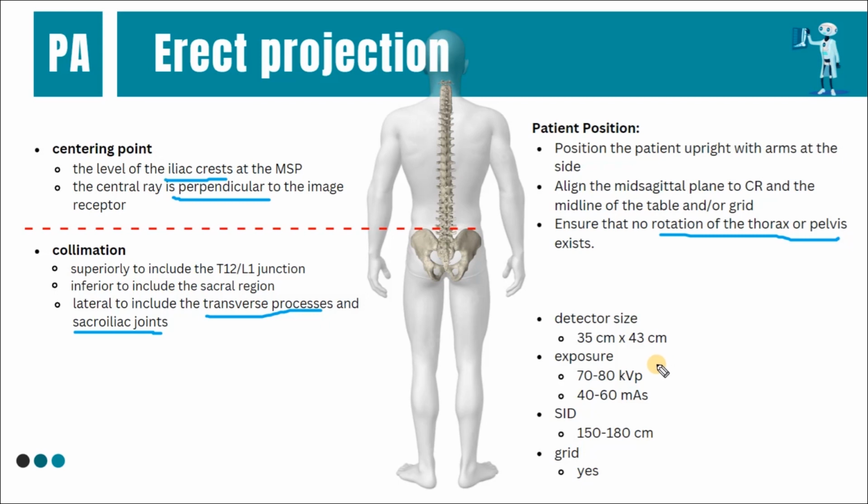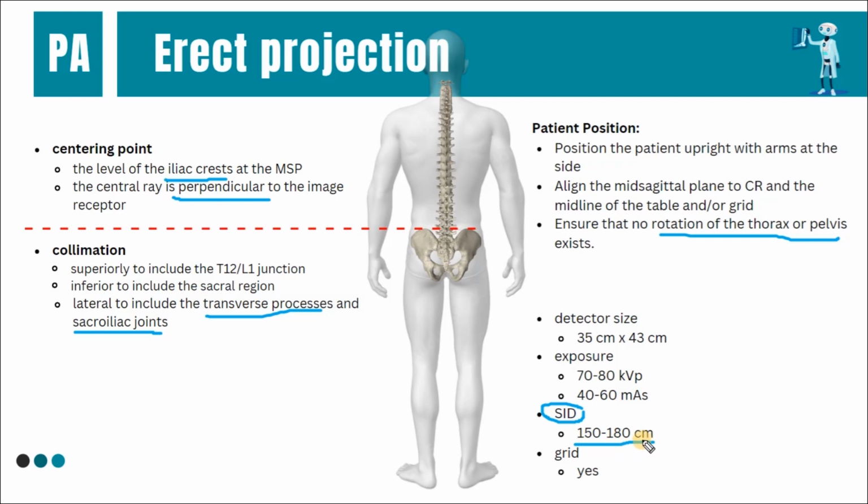But in a normal adult patient, you use a kilovoltage of 70 to 80 and milliampere-seconds of 40 to 60. Mostly in the new X-ray machines, the exposure factors are automated, so the system will choose the best exposure factors for the best image quality. The SID, which we will talk about in the next slides, should be long enough, 150 to 180 centimeters.